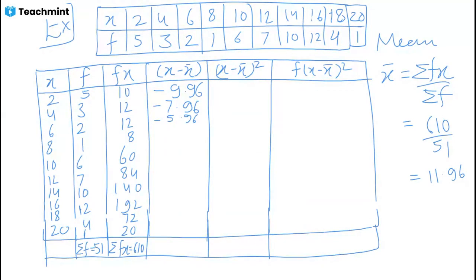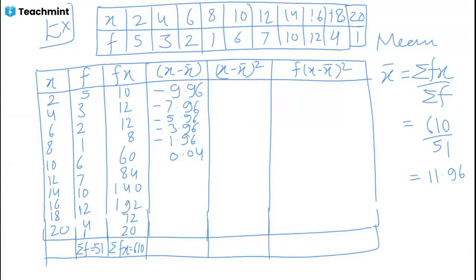Okay, then 8 minus 11.96, so we have minus 3.96. Okay, and then minus 1.96, and this 12 minus 11.96, then we have 0.04.